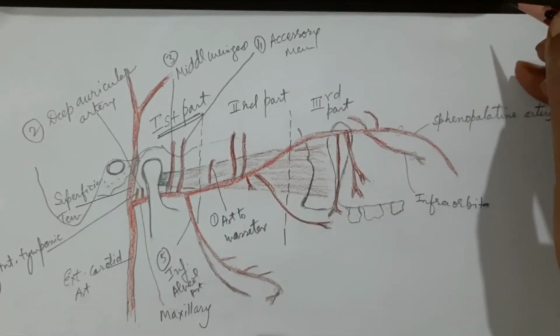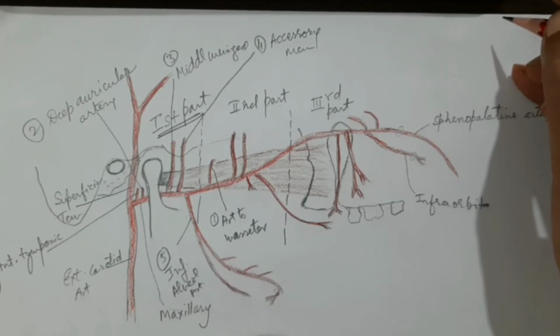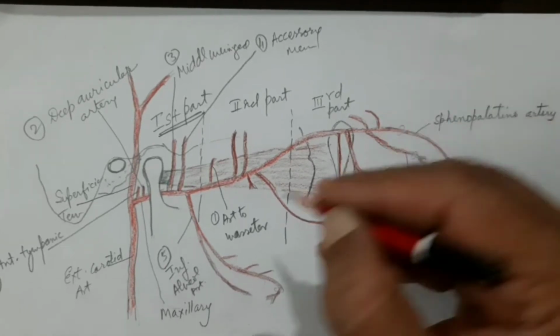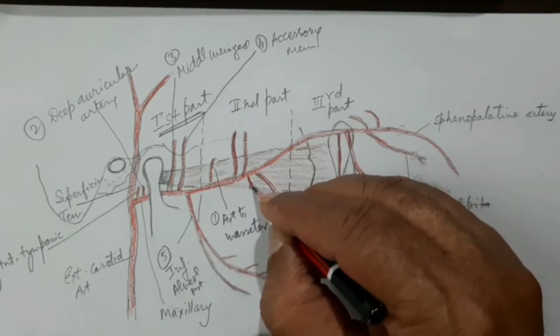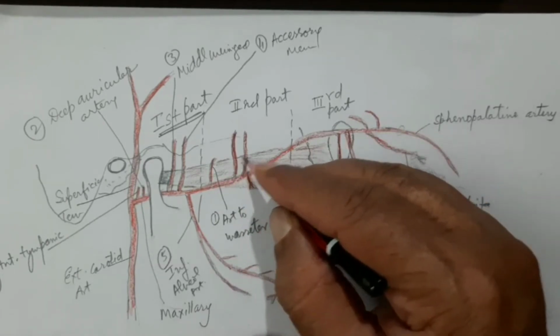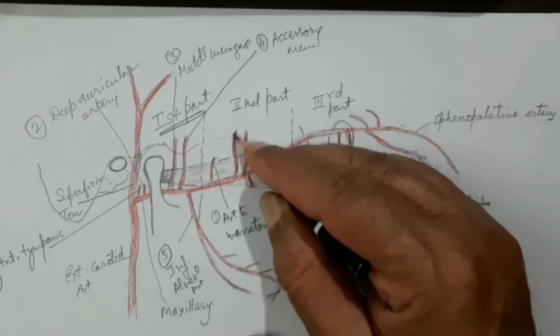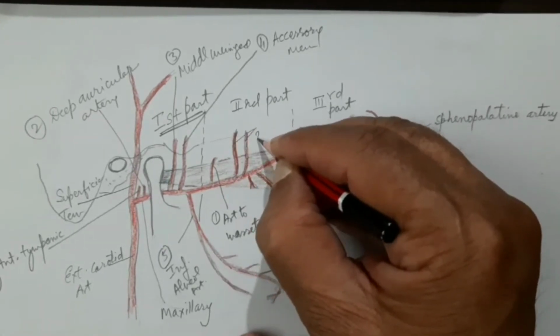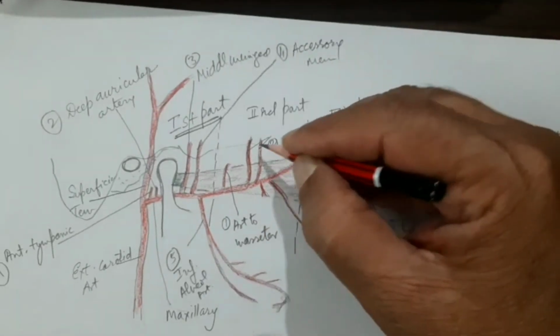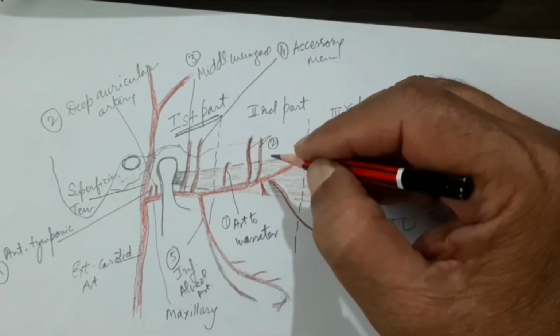Then there will be the pterygoid arteries. This pterygoid arteries means it will go to the lateral pterygoid. So here I am giving it a name. Or let me first complete these two branches which are going upward, and this will be the second branch. Because they are in multiple numbers, I give it a name as only the second.